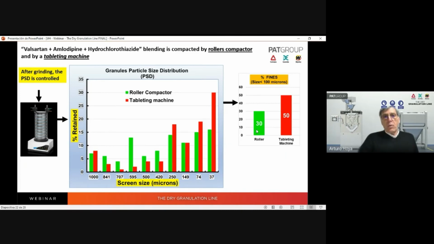So we expect that in the case of the tablet machine, the slugging, the product will have low flowability. And in the case of the roller, it will have good compactability and good flowability. So this is the first step.